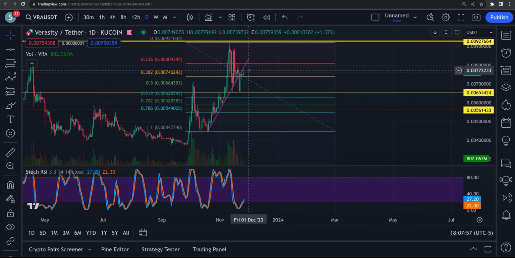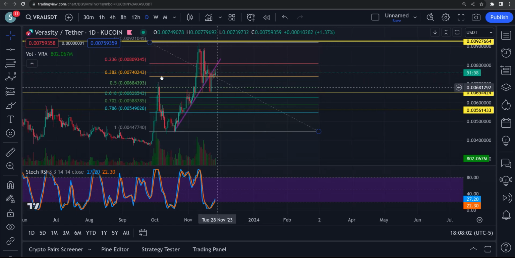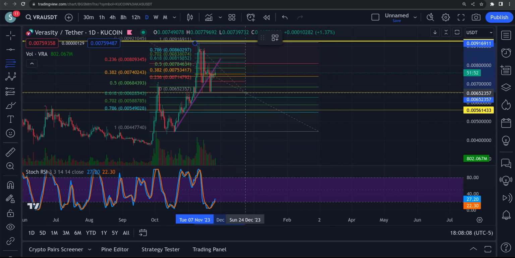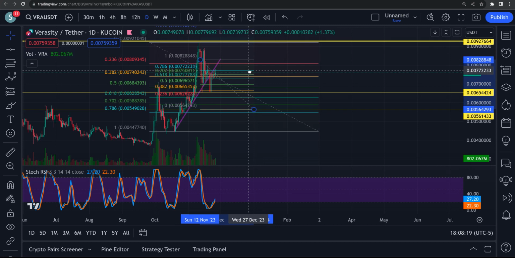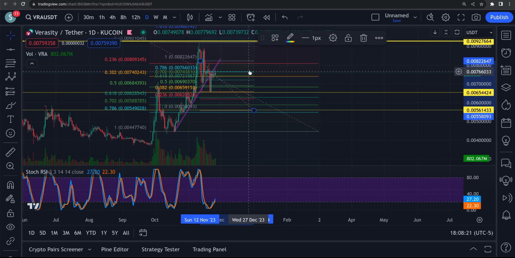Watch for a pullback to them areas. It could mess around in here for a day or two before it comes down the whole way. You could end up getting a run up, let's take a look, right back up to 702, and then an ABC down here. That would match up with a 786.